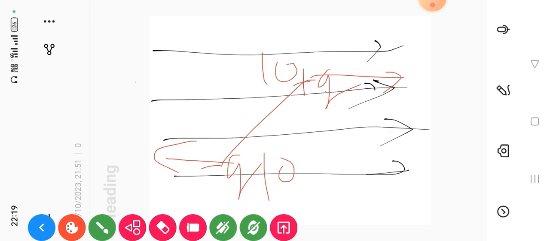Obviously it is negative, so the sign will be opposite, but the magnitude is the same. So the point is the force on these two, and the electric field is constant. Electric field is constant, F is equal to QE. So the force on the two charges will be the same, but they will be in opposite directions.